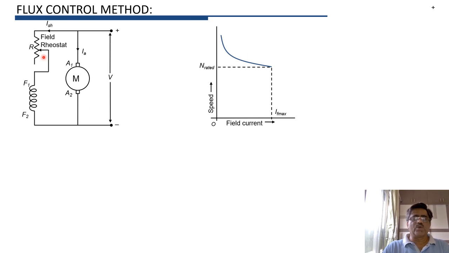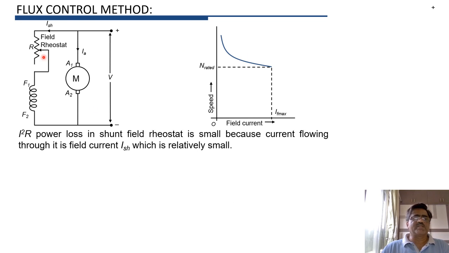In flux control method, field rheostat is connected in series with the field winding, in which the current flowing is ISH, which is very low as compared to armature current IA.